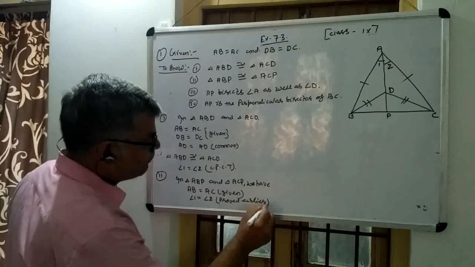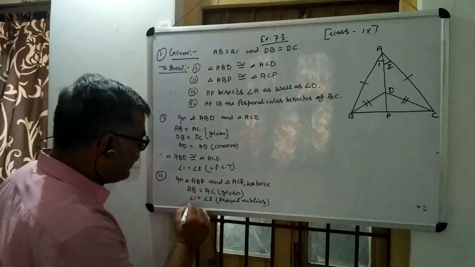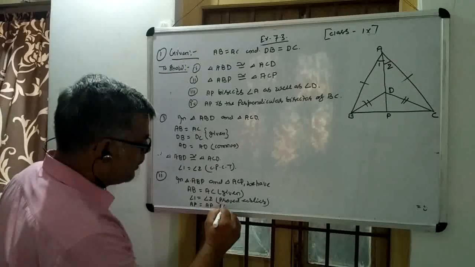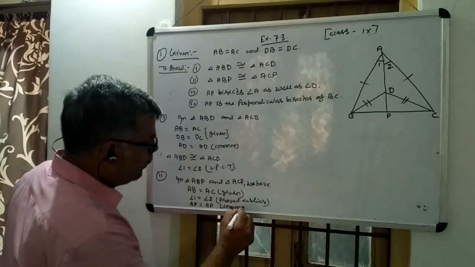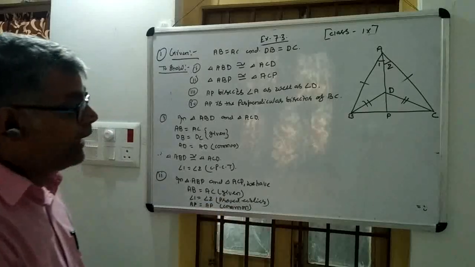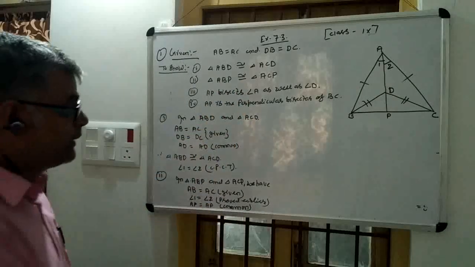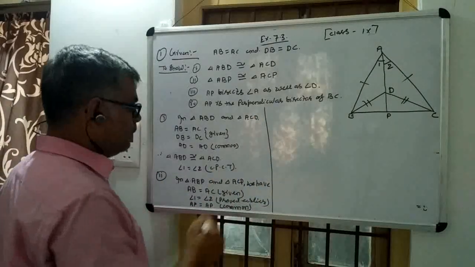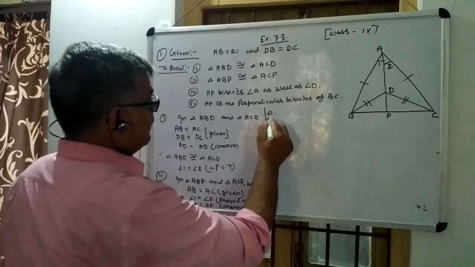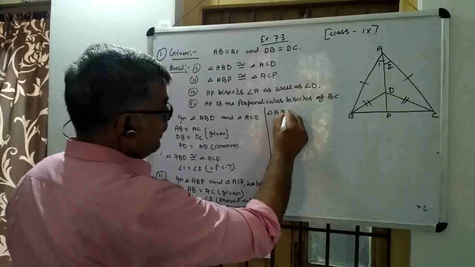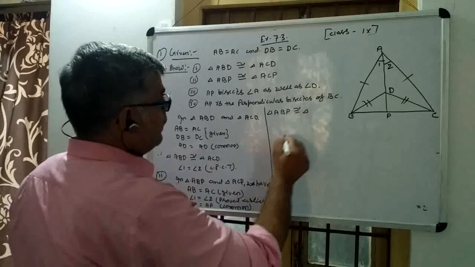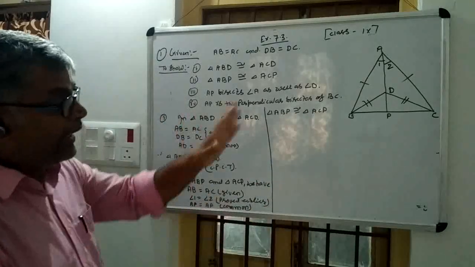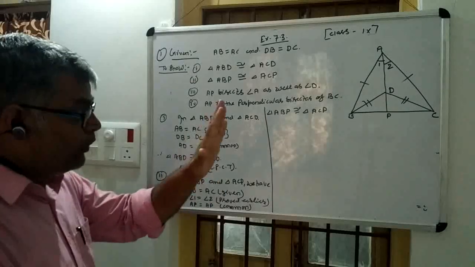And third, AP equals AP, which is common. So by the condition SAS, these two triangles are congruent. Therefore, triangle ABP is congruent to triangle ACP by the condition SAS. So now we have proved it.